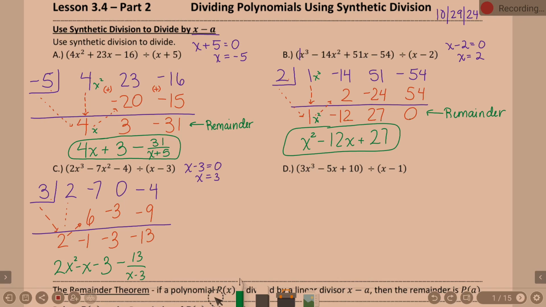Okay, guys. So this original 2 up here was 2x cubed. So that means this one, you divided an x away, so it becomes 2x squared, yes? So 2x squared minus 1x minus 3 is your constant. And then this minus 13 is a remainder, so it's minus 13 over your original divisor of x minus 3.